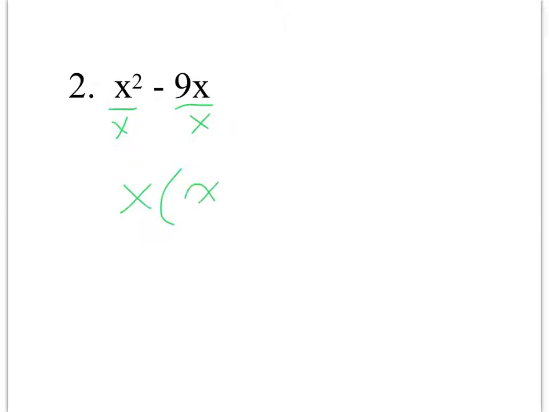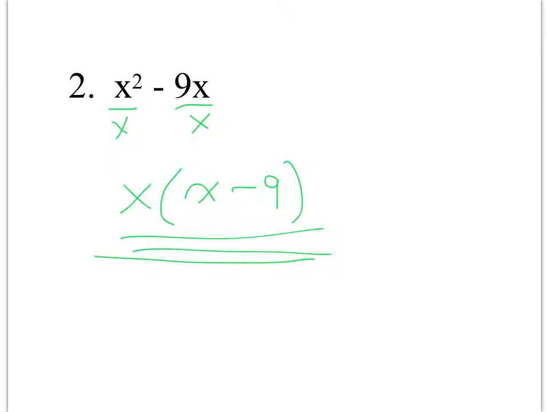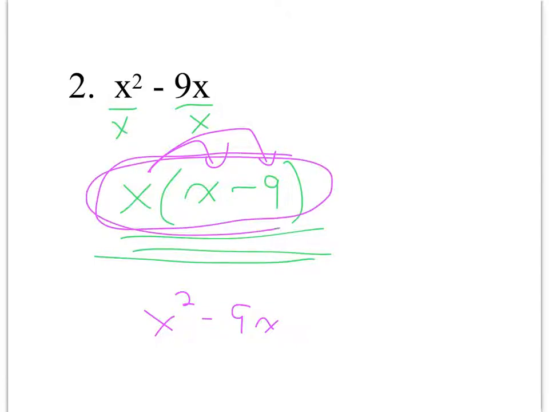I get x minus 9x divided by x is 9. There is my answer. This is my factored form of this expression. If I were to check this and multiply, x times x is x squared, and x times negative 9 is negative 9x. That's just my check, but my answer, my factored form, is x times (x minus 9).